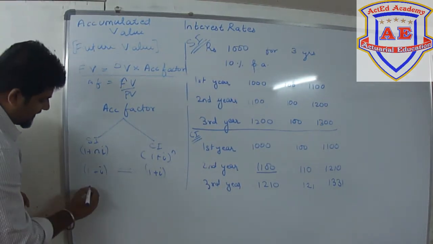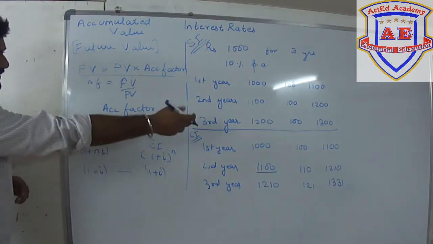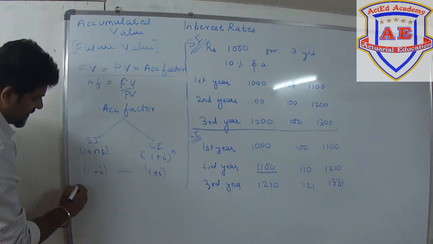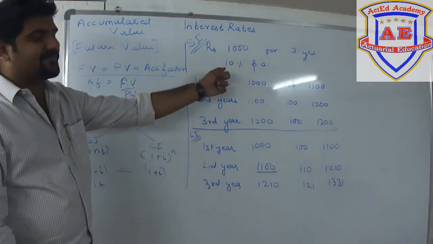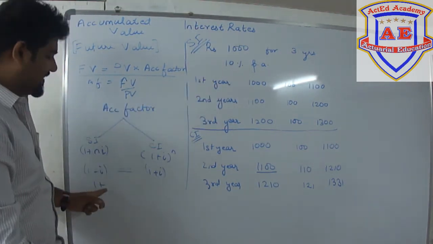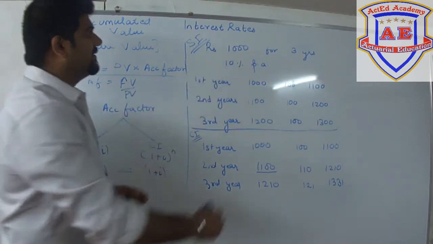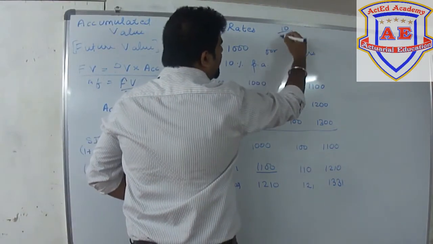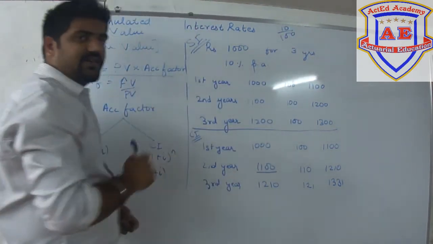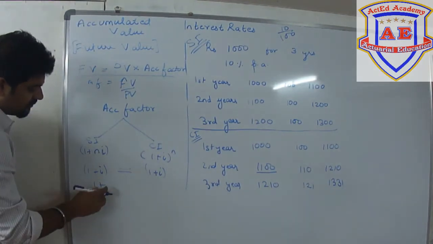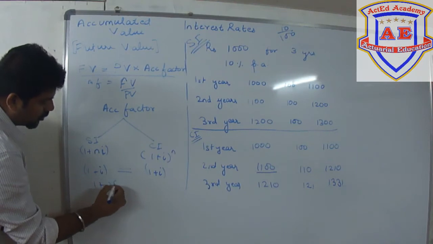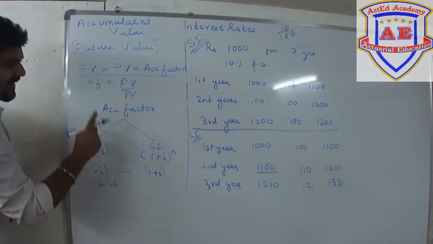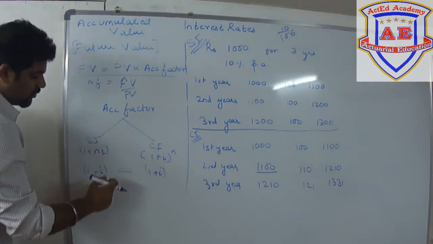What happens for the second year? Let us take this example itself. My interest rate is 10%. So I don't need to add 10 over here. Percent means 10 upon 100, that is 0.1. For the second year, for simple interest it will become 1 plus ni, and for the second year n becomes 2.